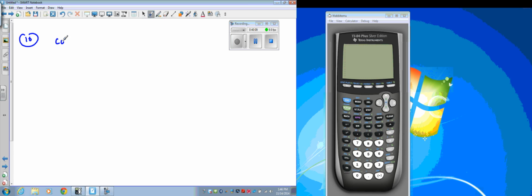Here's the cosine of minus pi over 12. Now here, rather than 90, we're going to use the equivalent, pi over 2, right?